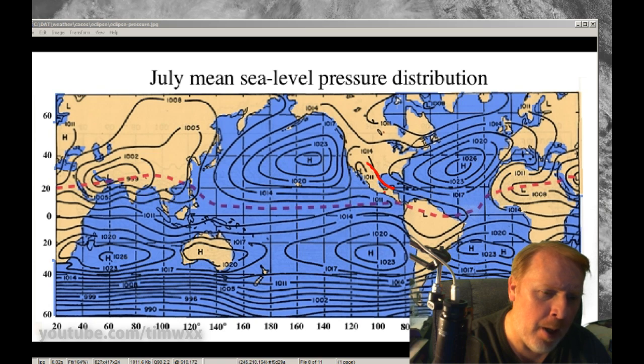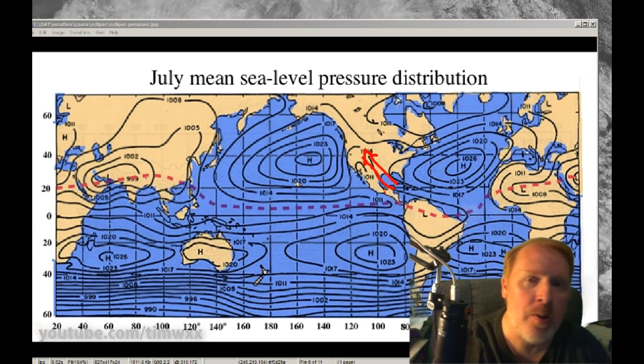Now, this particular area of flow right here is particularly strong and important, and we call that the southwest monsoon. That tends to bring up moisture into the interior regions west of the Rockies.